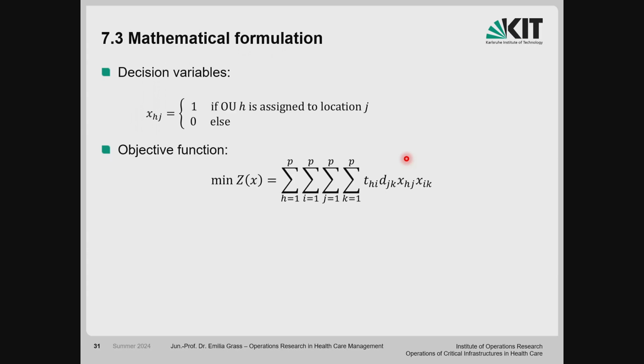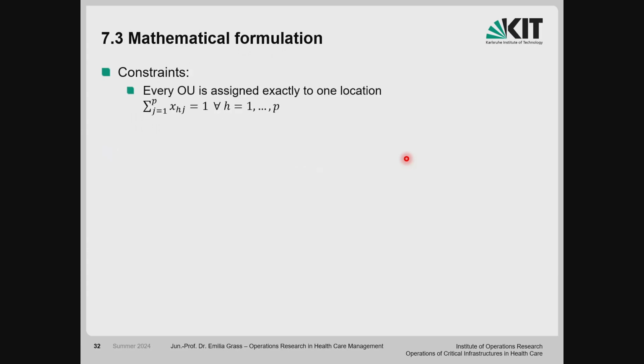So you have a non-linear term, and then we have the constraints. Every organization unit is assigned exactly to one location. So, for instance, radiology cannot be assigned to room 1 and to room 2. Okay, that's not possible. This holds for every unit.